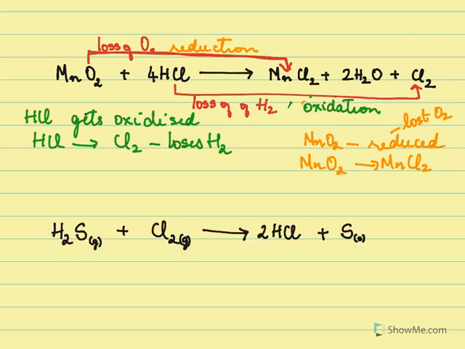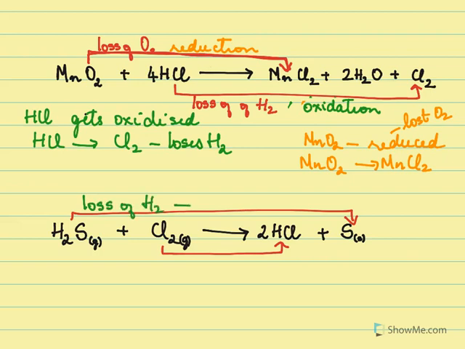In the next equation, we see that H2S becomes sulfur and chlorine becomes HCl. When H2S turns into sulfur, you notice there is a loss of hydrogen, and the loss of hydrogen is oxidation.